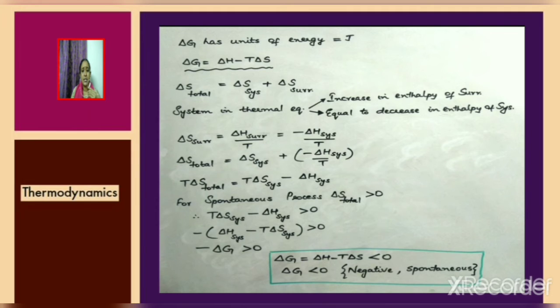Therefore, we can write T into delta S of the system minus delta H of the system is greater than 0. Or minus of delta H of the system minus T into delta S of the system is greater than 0. But we know that delta H minus T into delta S is delta G. So it becomes minus delta G is greater than 0, or it means delta G is less than 0. So if Gibbs energy change delta G is less than 0 or negative, the process will be spontaneous.